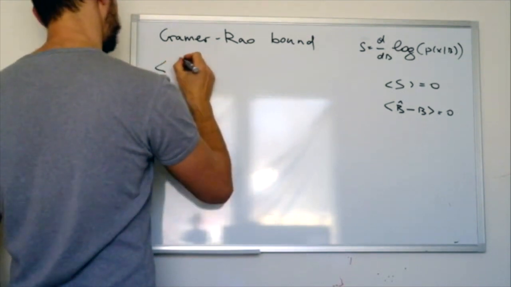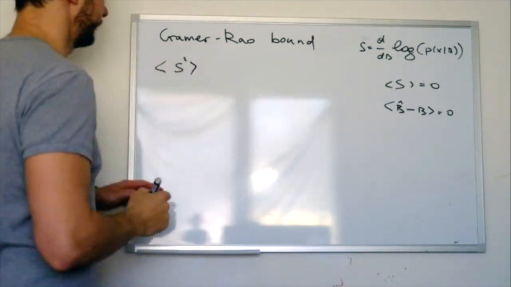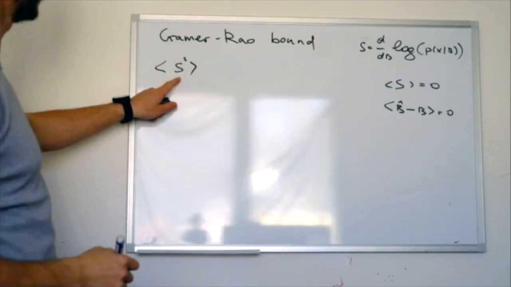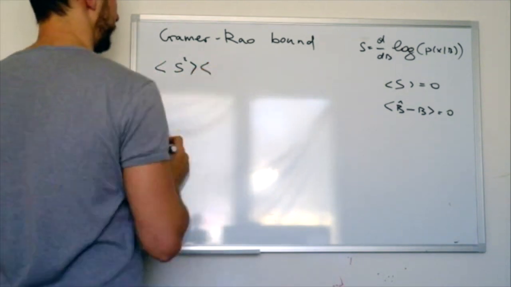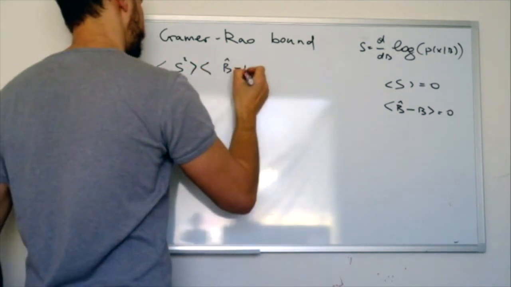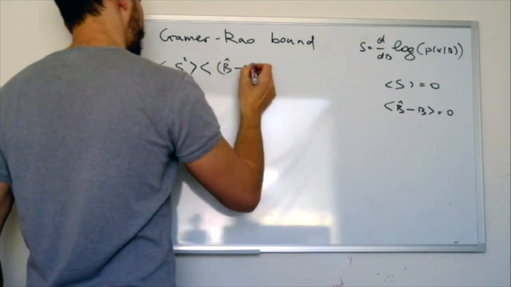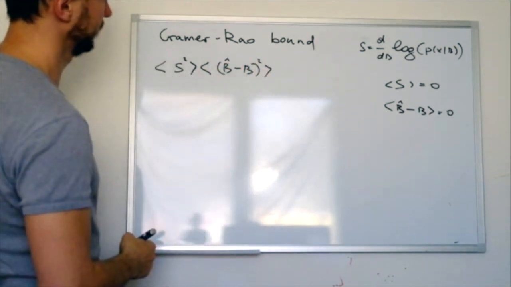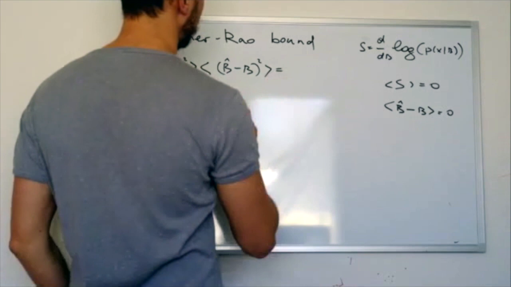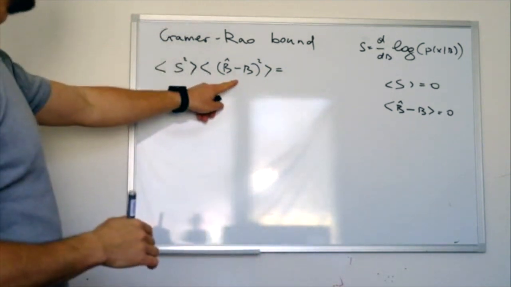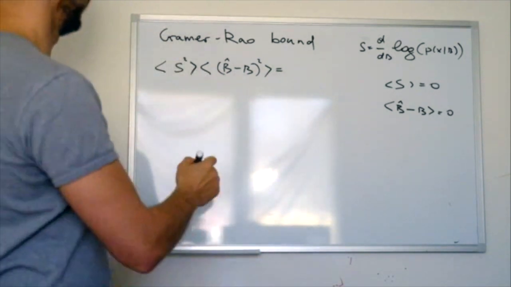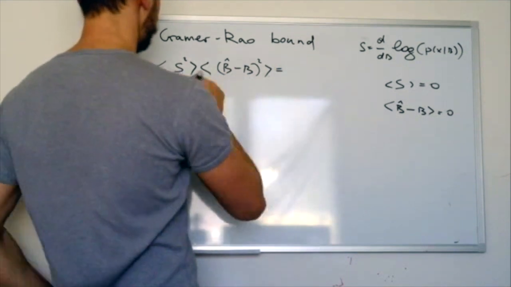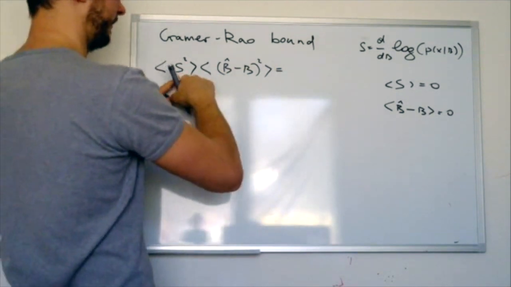So we take S squared, because the variance of S is really just 0, so the variance is the second one, times the variance of B hat minus B squared, right? Expected values. This is nice because we have here all the things we want. Remember, this is the mean squared error, and this is the Fisher information, as we've seen.